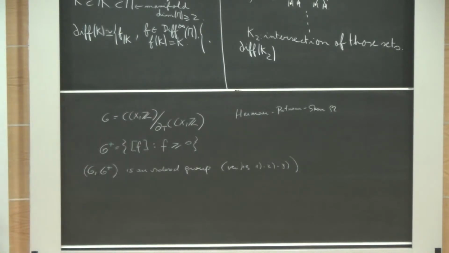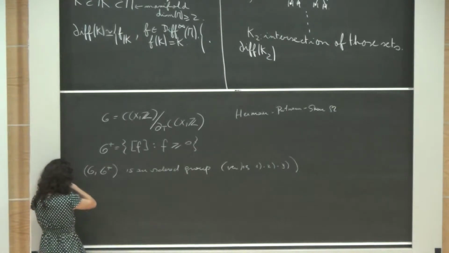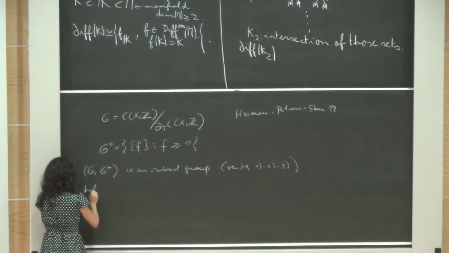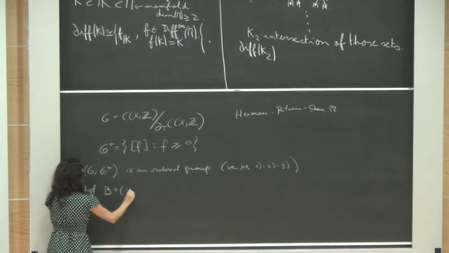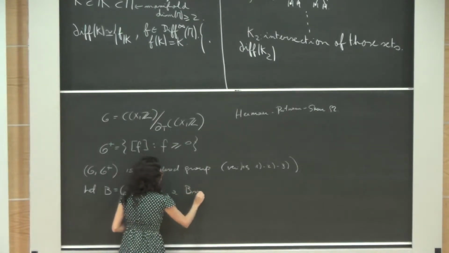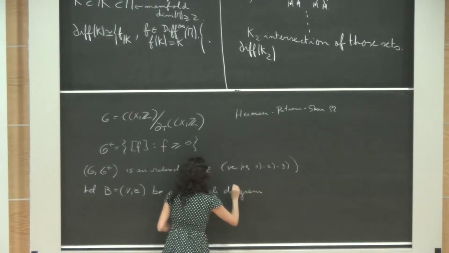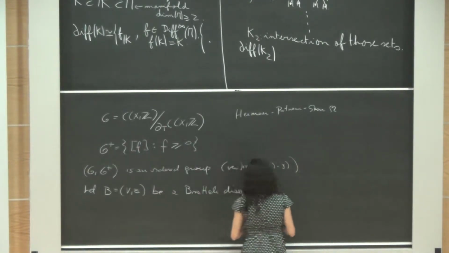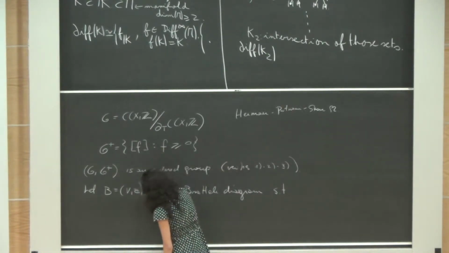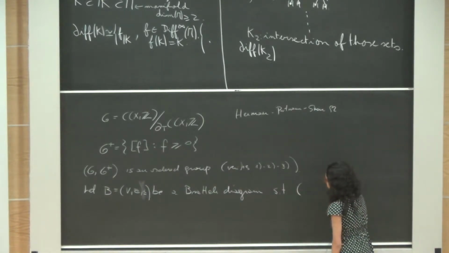So now suppose that we have a Bratteli diagram, an ordered Bratteli diagram that defines this minimal Cantor system.